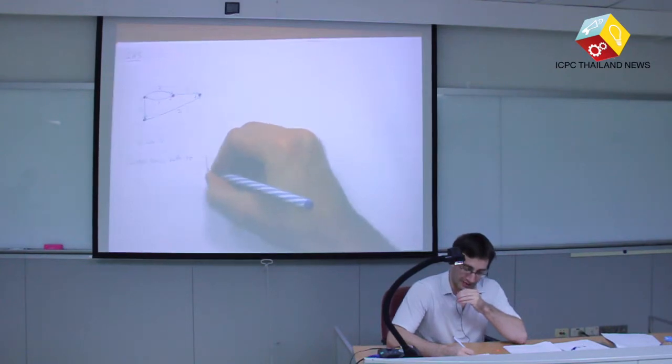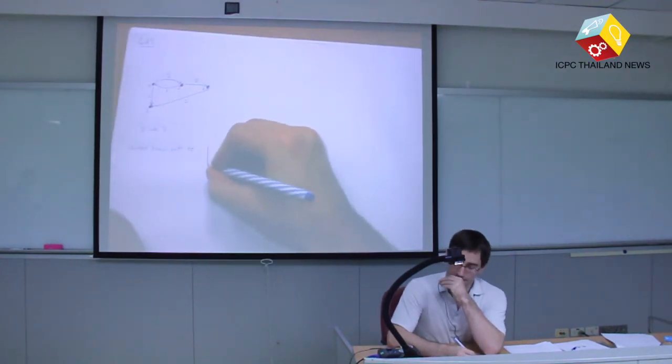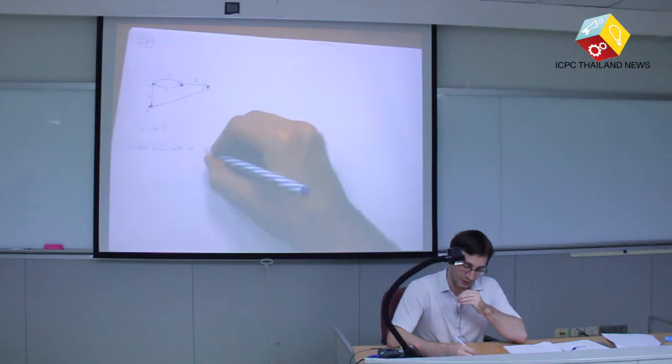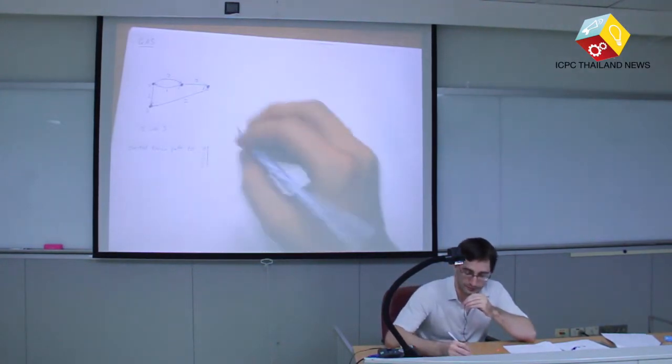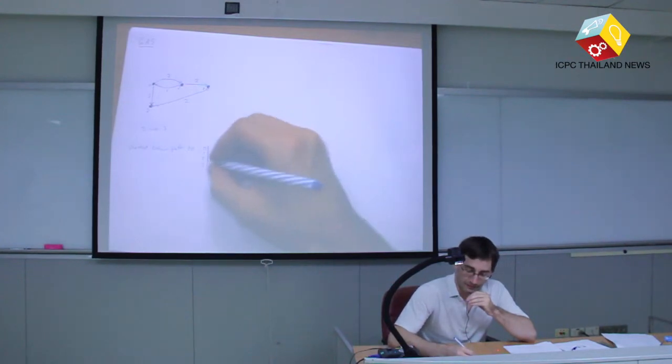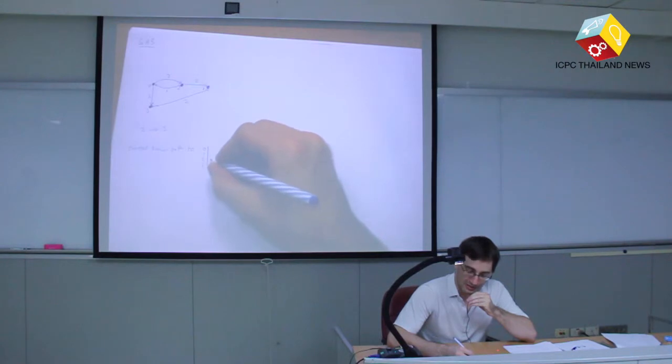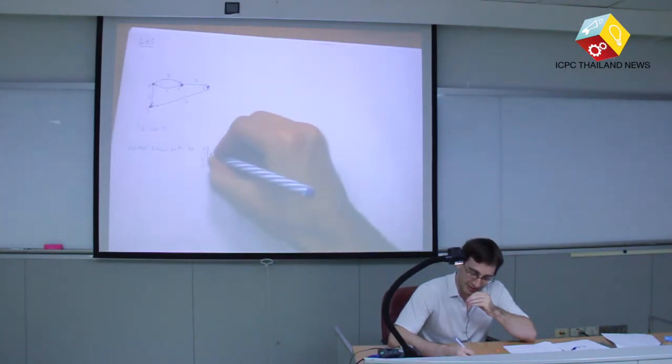So we will have a list of these nodes: nodes 0, 1, 2, and 3. Initially, the distance from 2 to itself is 0, and the distance to each other is infinity.